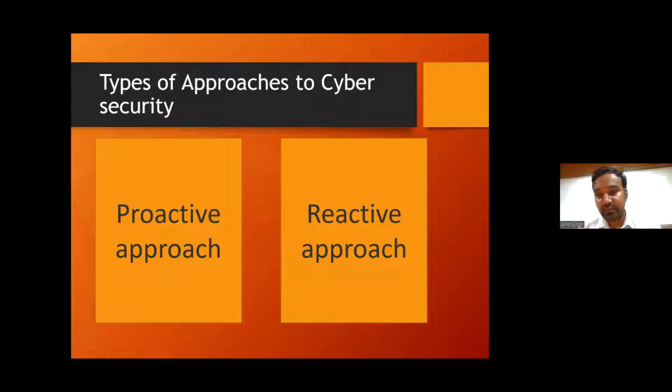Reactive measures are those you take only after some attack has happened. You find the cause and the remedies, and then you implement those preventive measures on your system so that next time, whenever an attack like that happens, you are ready.